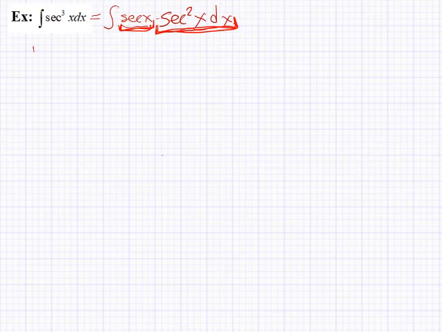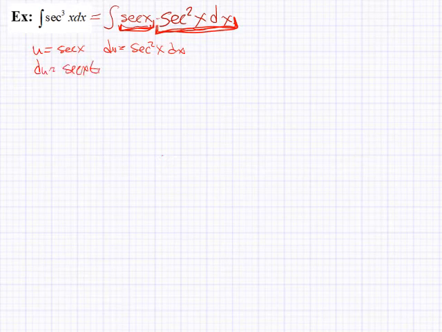I'm going to say my u is secant x. My dv is secant squared x dx. So my du is secant x tan x dx, and my v is the integral of secant squared, which is tan.